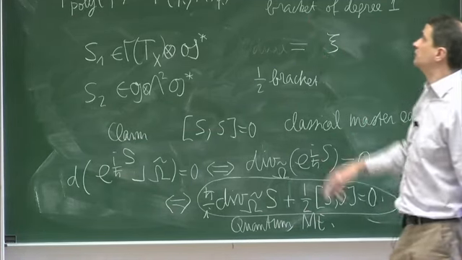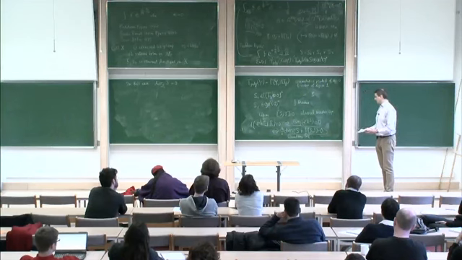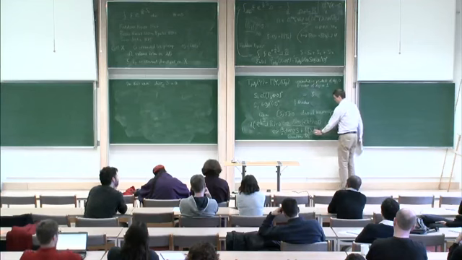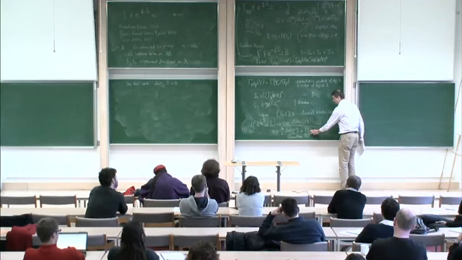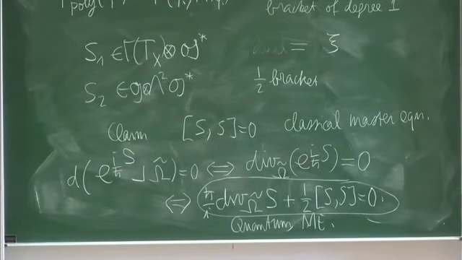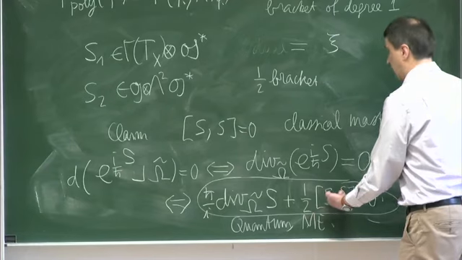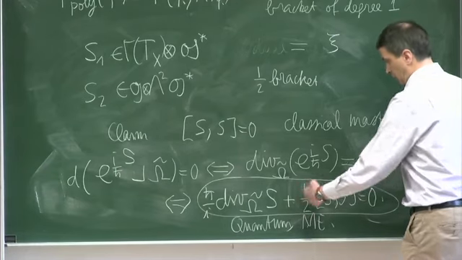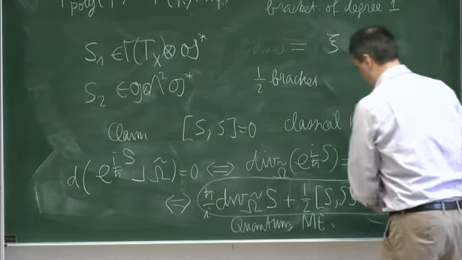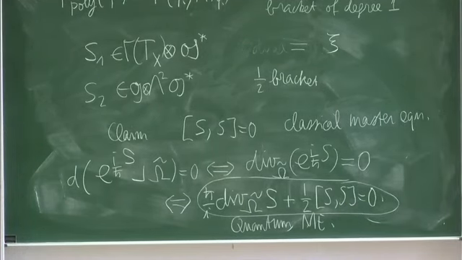This is the quantum master equation, but today I will explain the classical equation. In fact, the way you construct solutions of the master equation in this sense is first to start from a solution of the classical master equation, namely only this term here is equal to 0, and then perturb, because h bar is a small, formal parameter. So given a solution of the classical master equation, you try to find corrections to it, which depend on h bar, which will satisfy the quantum master equation.